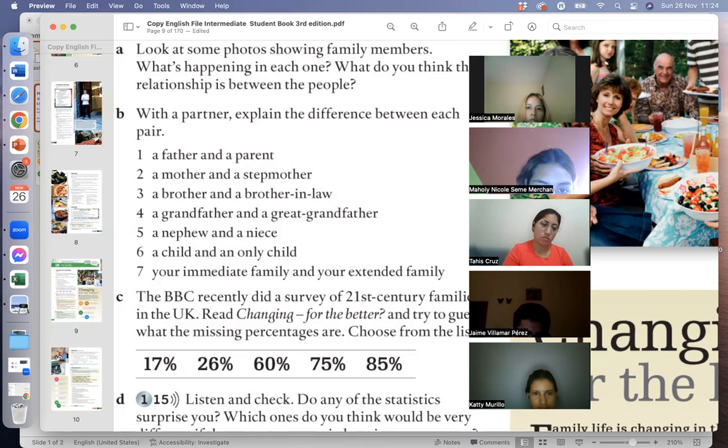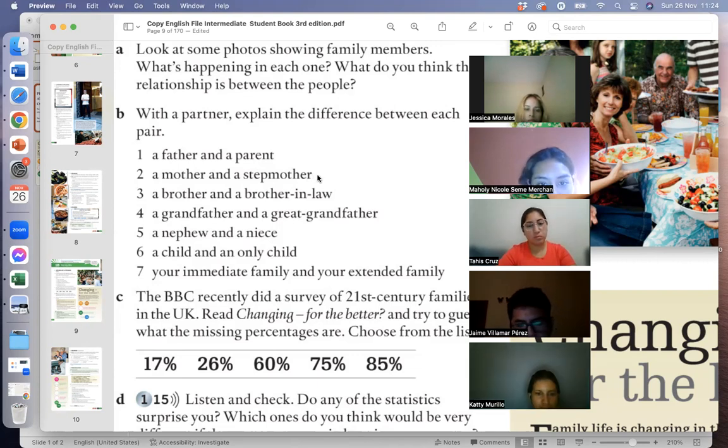Mother and stepmother. Jessica, you have to be a bit faster. Okay, so please, if I call your name, you need to switch on your microphone and then start talking because everyone is waiting. We have 37 students waiting. Yeah, so let's give a chance now to Jaime, please. Jaime, mother and a stepmother. What is the difference?